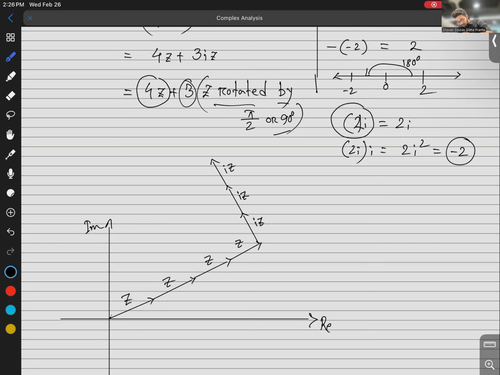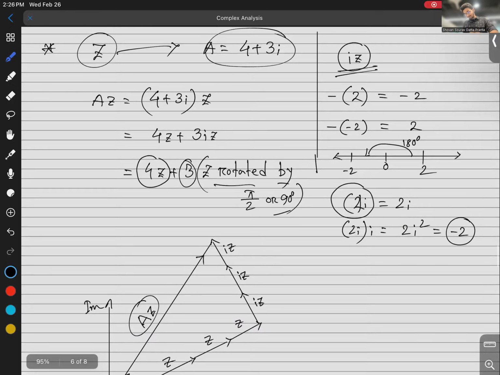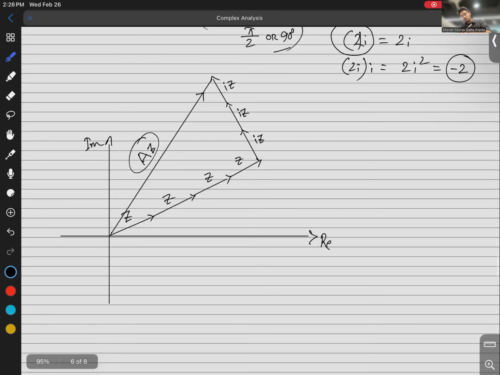So obviously our a times z is basically this complex number. How can we say what will be the length, the magnitude? Our initial complex number was a equal to 4 plus 3i.